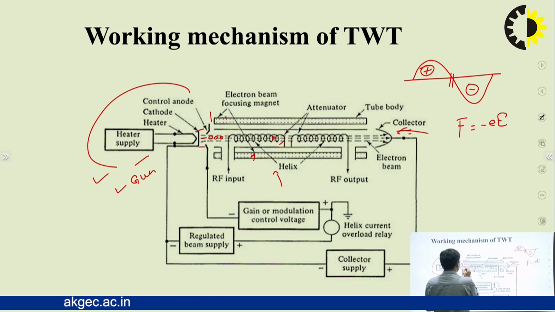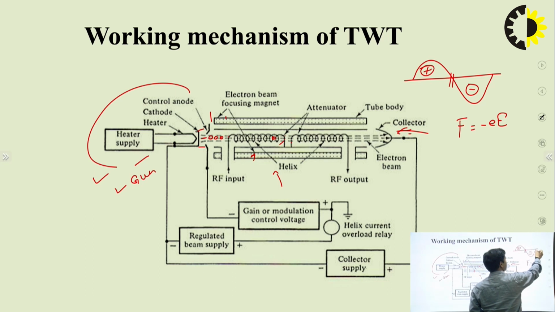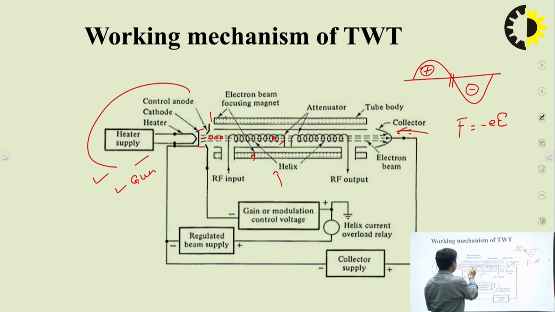Also there is some gap between all these free electrons corresponding to the positive cycle, the reference, and the negative. When the reference cycle electrons come, they interact with this field, and there is no velocity change.